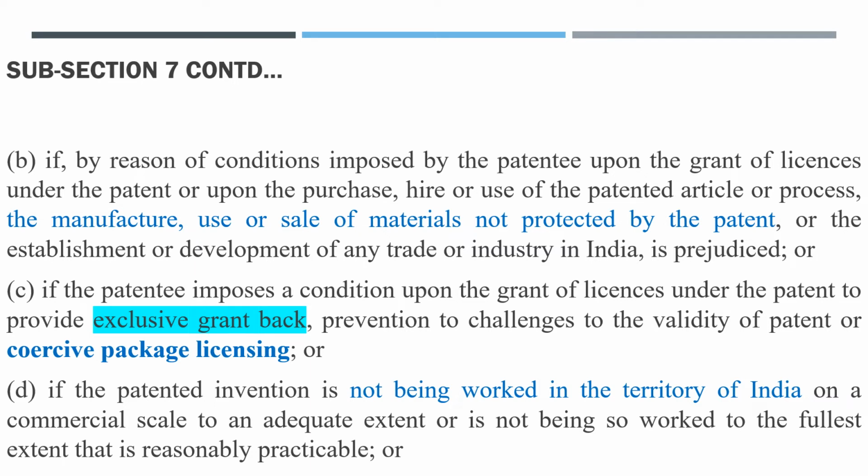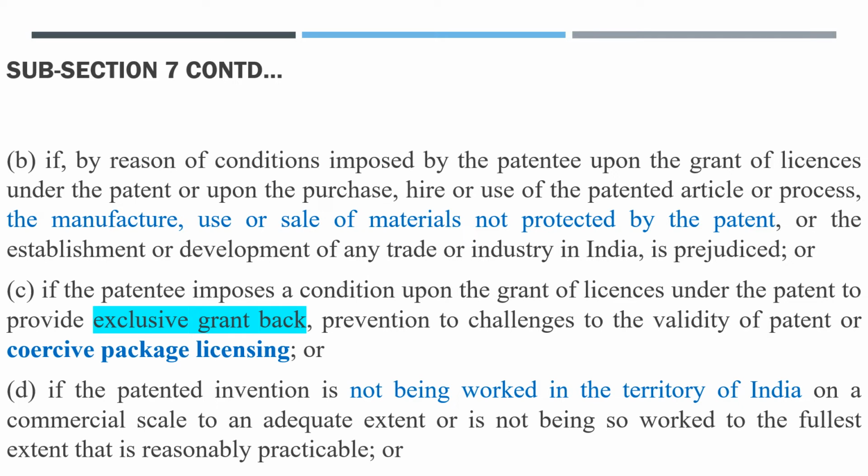Or clause C. If the patentee imposes a condition upon the grant of licenses under the patent to provide exclusive grant back, prevention to challenges to the validity of patent or coercive package licensing, or clause D. If the patented invention is not being worked in the territory of India on a commercial scale to an adequate extent or is not being so worked to the fullest extent that is reasonably practicable or.